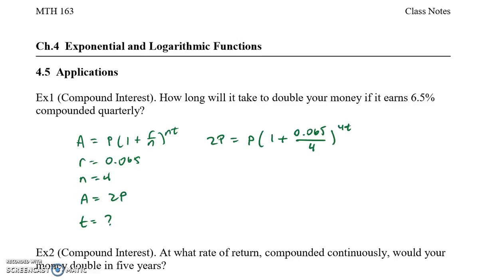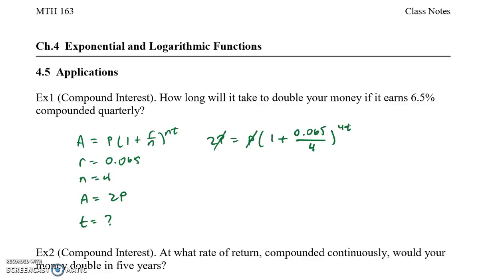Now, if we divide both sides of the equation first by P, the P's basically cancel out. So they're eliminated. So we really only have one unknown here, even though P is initially an unknown as well. The unknown we want to solve for is time, and that's now the only unknown.